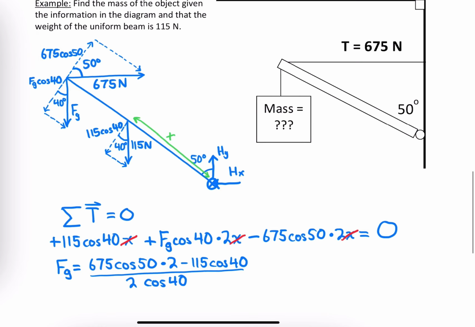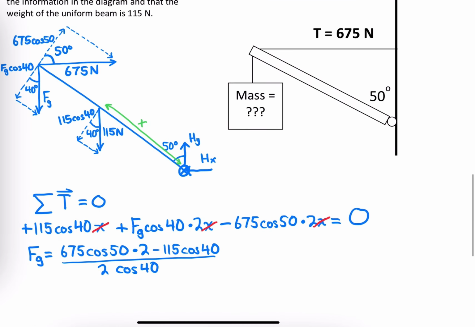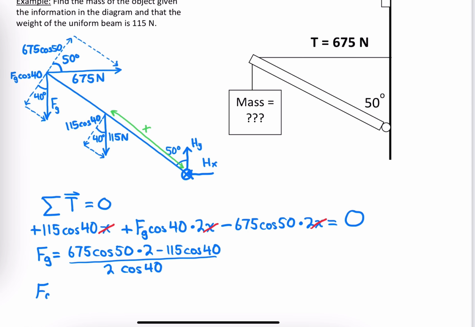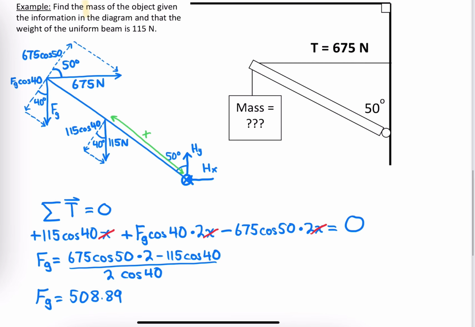So that gives me Fg is equal to 508.89. That's newtons. I'm keeping that to 5 sig figs because I'm not quite done yet, because what this question was actually asking me for was the mass.